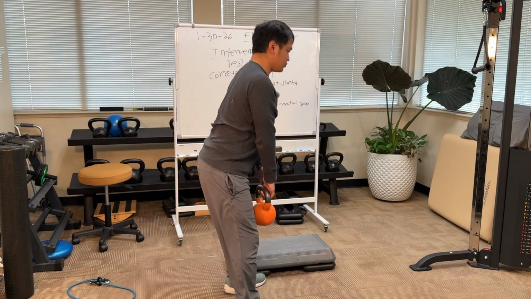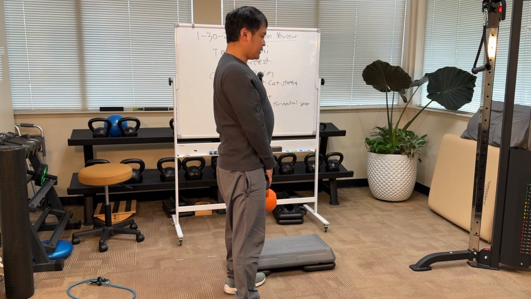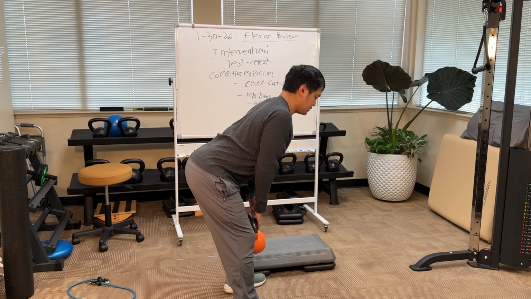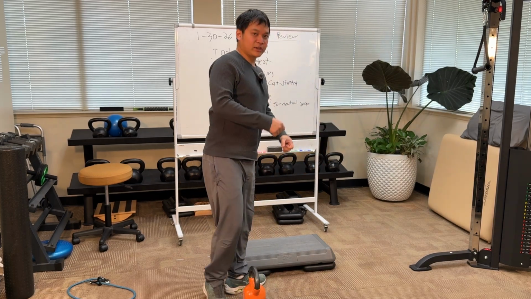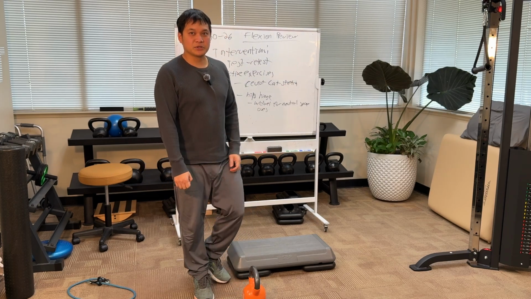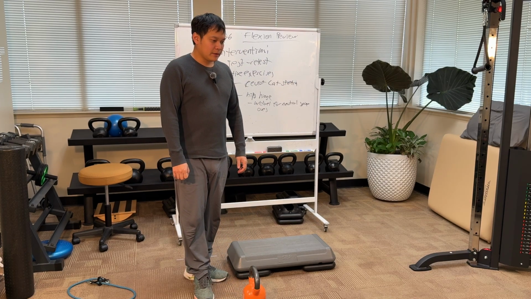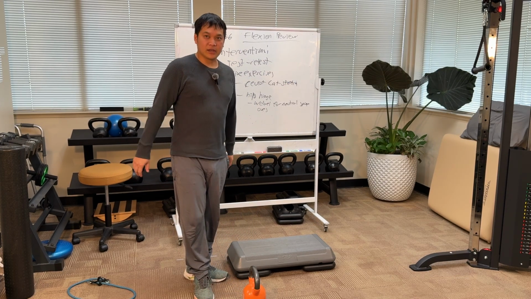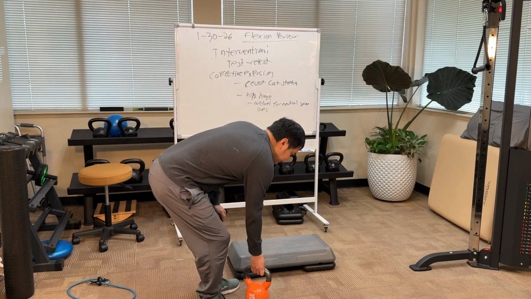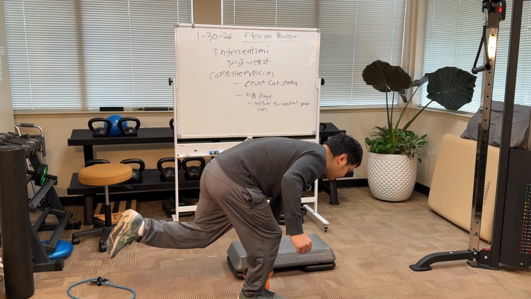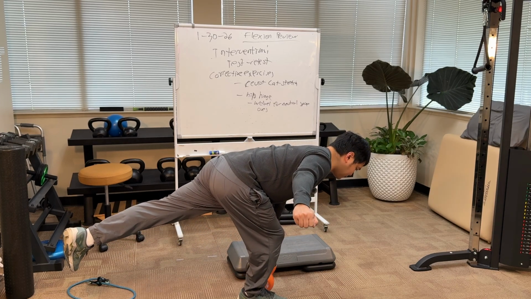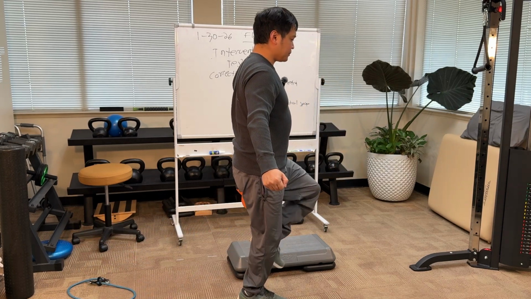Nice, flat, neutral spine. All right, good lat activation. And just really hinging through those hips. Nice stretch and strengthening of the posterior chain all at once. All right, and then end stage advancements. We'll go into single leg RDL.